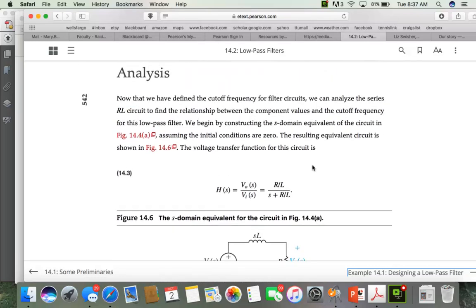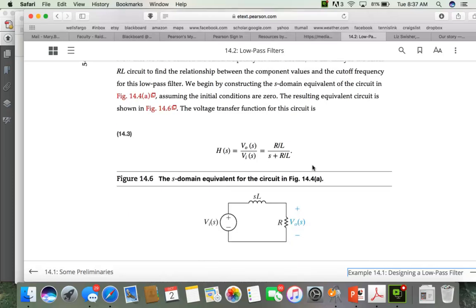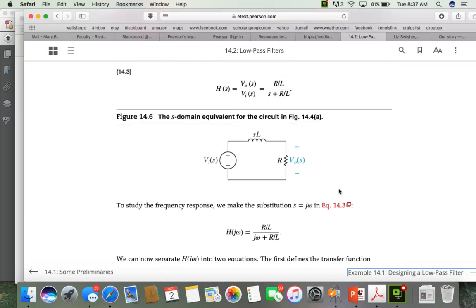All right, so let's get to the mathematical analysis. The transfer function of the RL low-pass filter can be written as shown here. You can get this by writing a voltage divider ratio of V out in terms of V in, doing some mathematics, and you'll basically end up with a transfer function that looks like this. Now, in order to evaluate the frequency response, as we discussed in class, we basically substitute j omega for s.